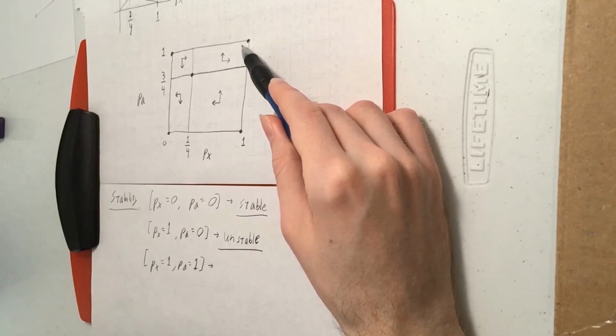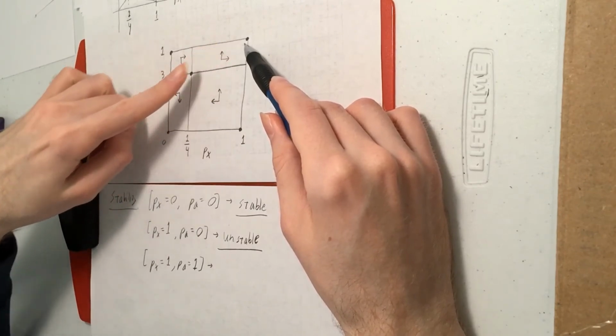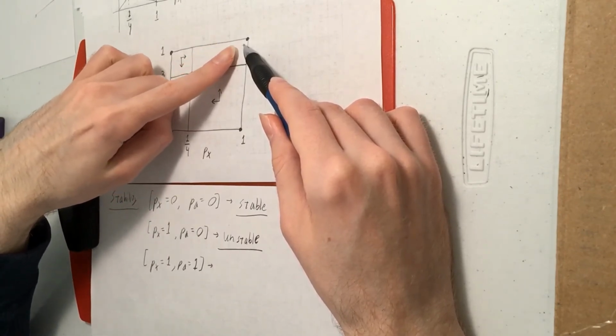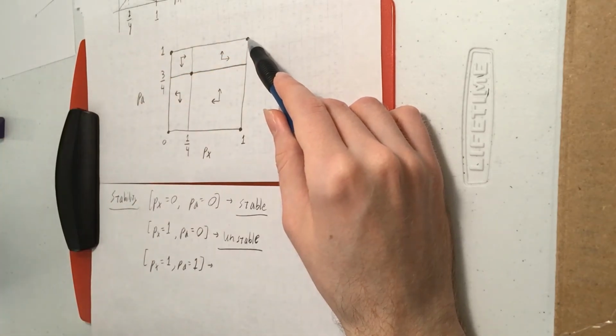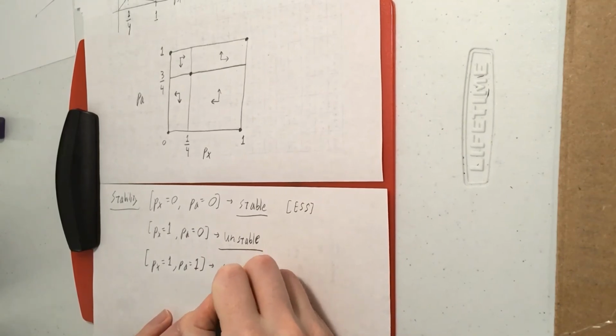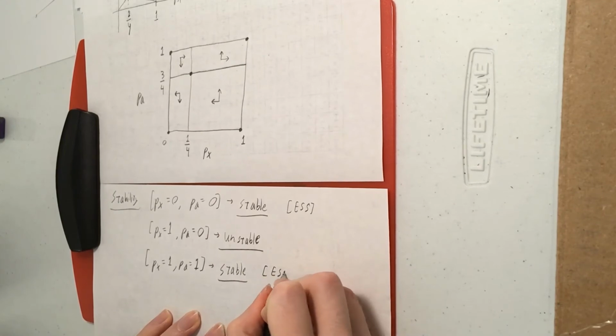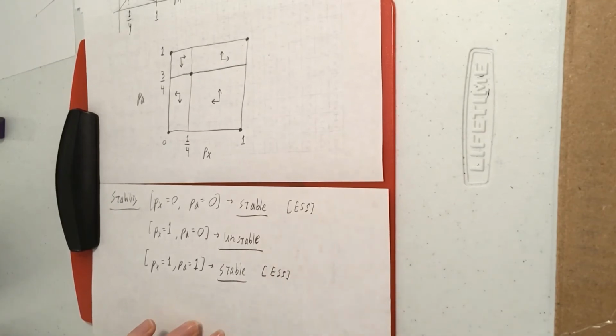So these arrows are going to point up and to the right, so if you combine them, they're going to point in this direction. That's going to push us back where we began. So that's going to be stable. That's another ESS, evolutionary stable strategy.